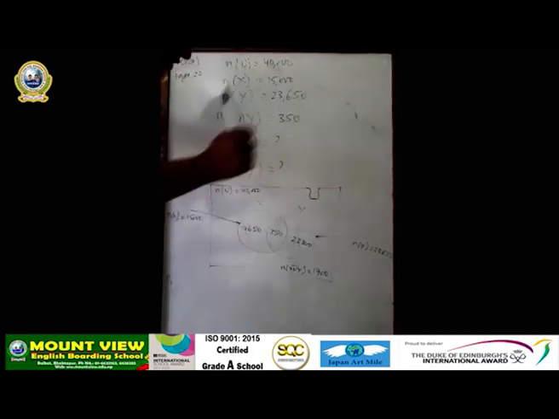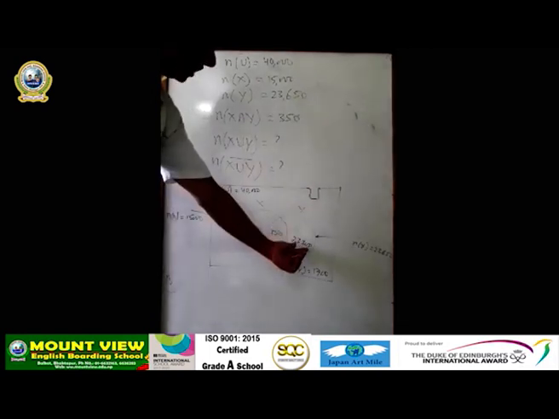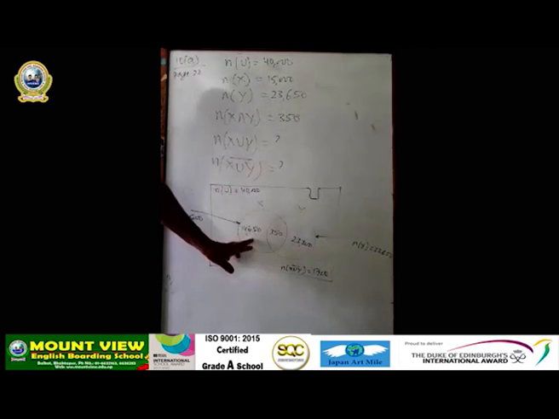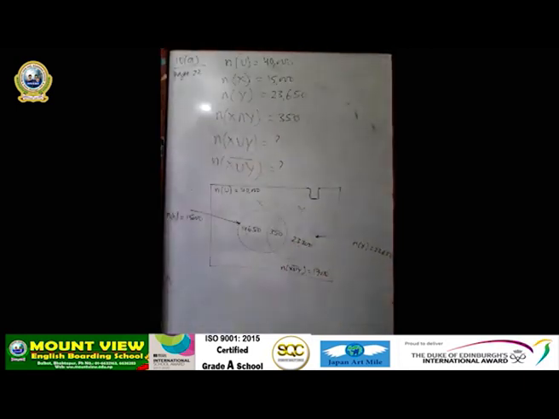In any election, if some people give votes for both, then that number will be invalid. Only valid votes are only X and only Y. This is the number of valid votes. And 1,700 people were not involved in the election process, meaning absent.